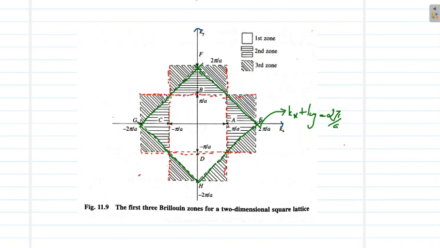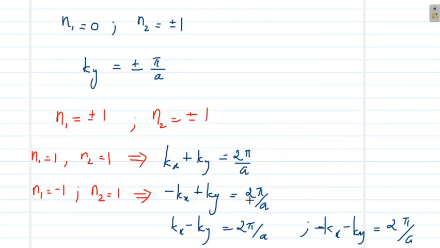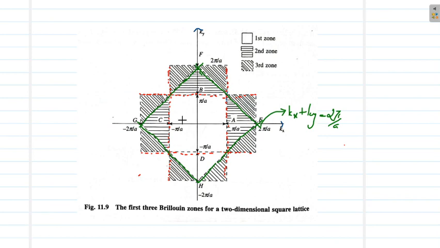These four straight lines 1, 2, 3 and 4 can be plotted as these diagonal straight lines, and the region bounded by these lines, excluding the first region, the first Brillouin zone, is the second Brillouin zone. So as you can see, this region here, this region, and this region constitute the second Brillouin zone.